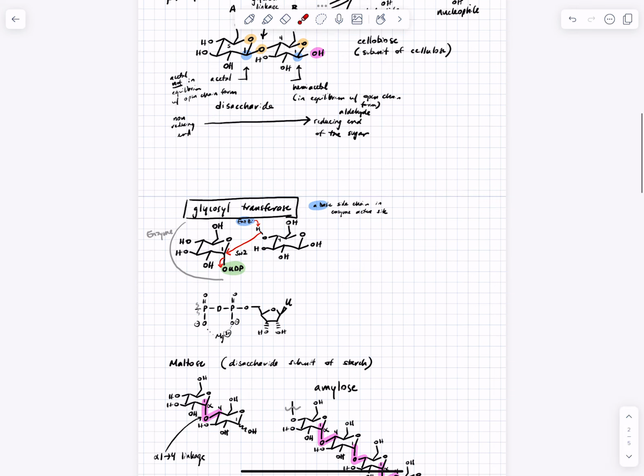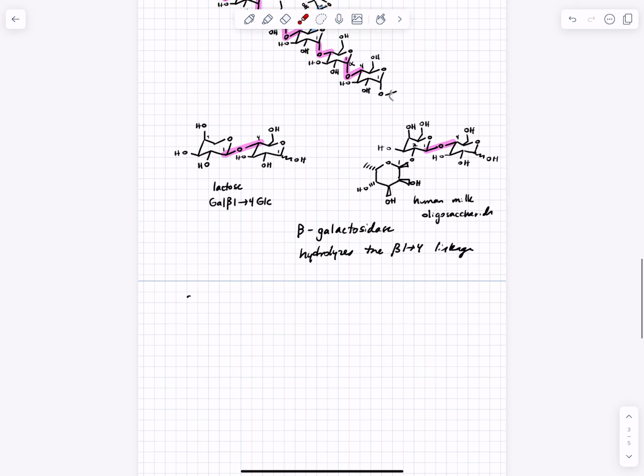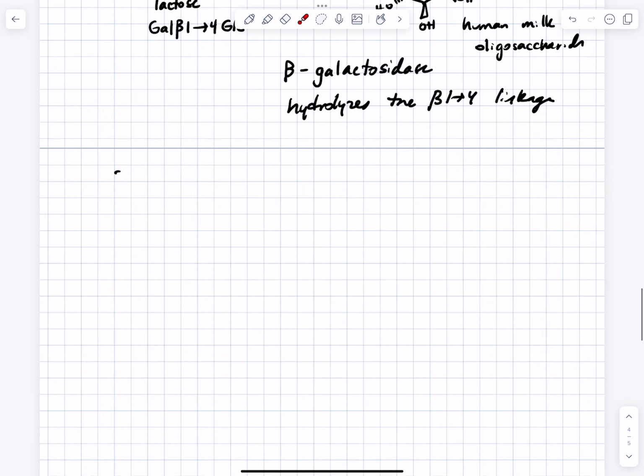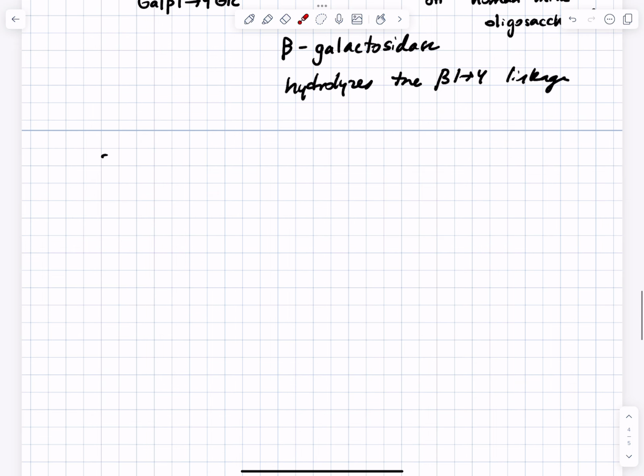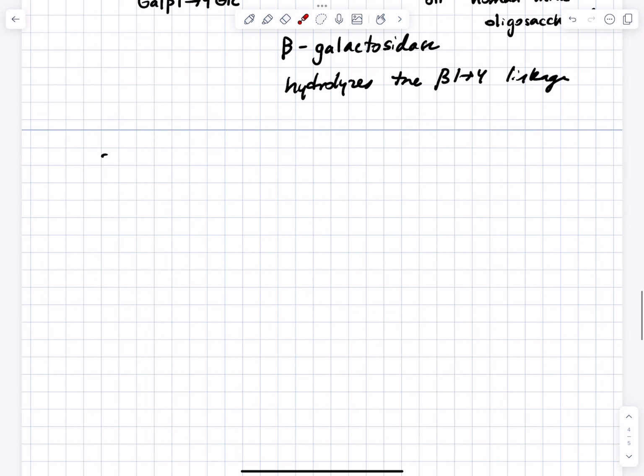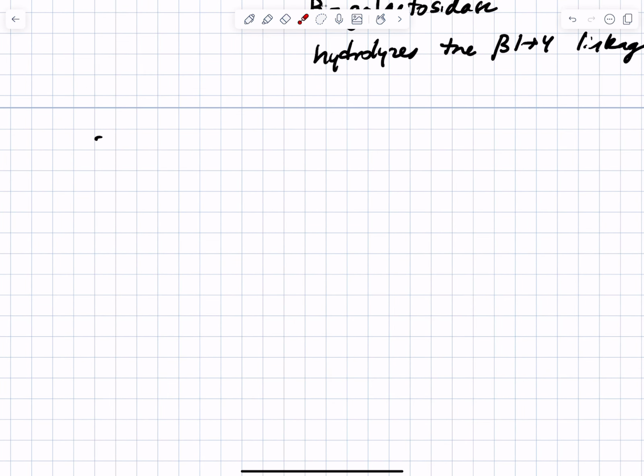There's one in maltose, there's one in cellobiose. In sucrose, there isn't a reducing end because it turns out in sucrose, the two hemiacetal carbons are actually linked to each other. So sucrose involves one molecule of glucose, like this.